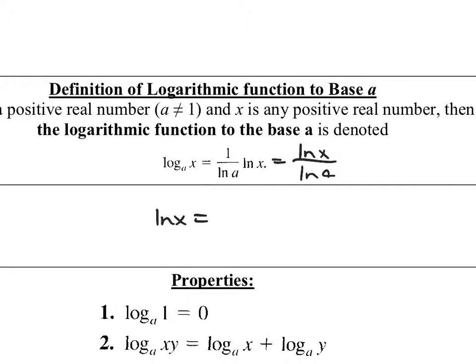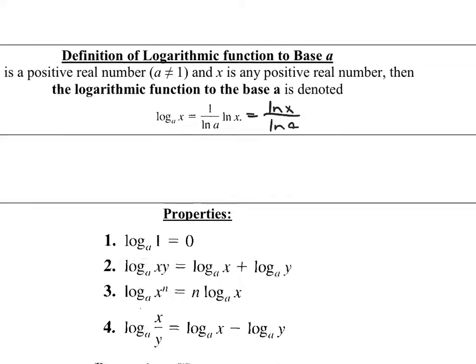Here I'm changing to base E. I could use the same property for the common log of x over log of E, if I want. Or I could do the log base 7 of x and the log base 7 of E, as long as they're the same. For our purposes, because we're doing calculus, we're going to be changing things to natural log whenever we can. Okay?